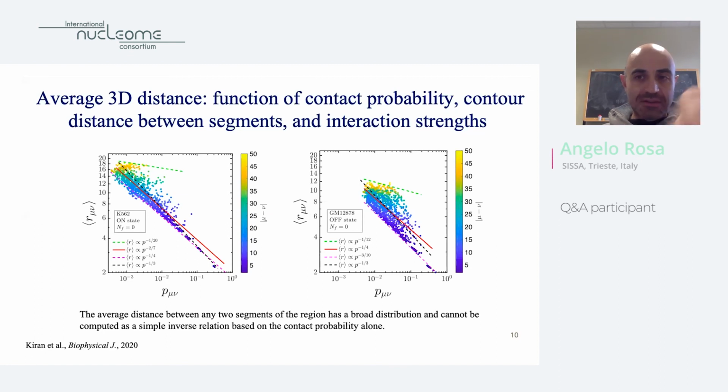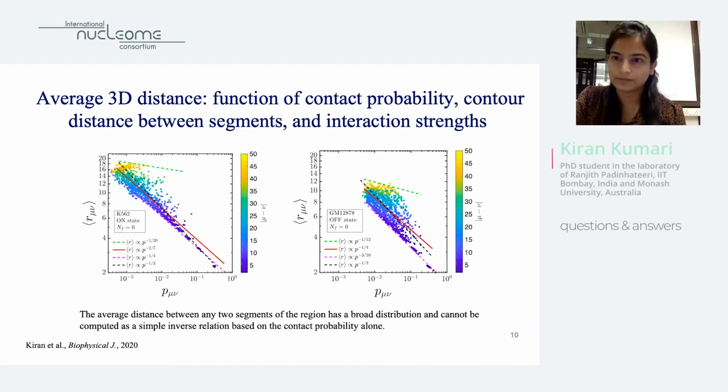Sorry, I have a question related to the same plots that Daniel asked about. If I understood correctly, your best prediction, for the plot on the left, is this relationship between R and P, with R proportional to P to the minus 2/7, right? Yes. Why 2/7?